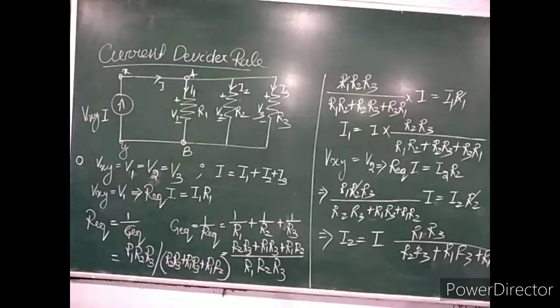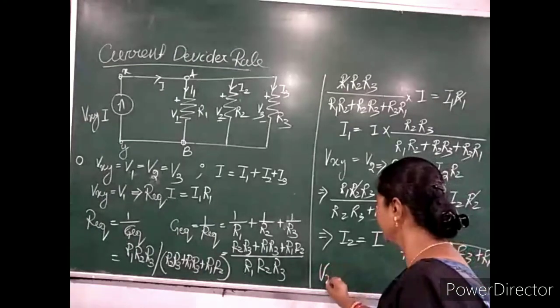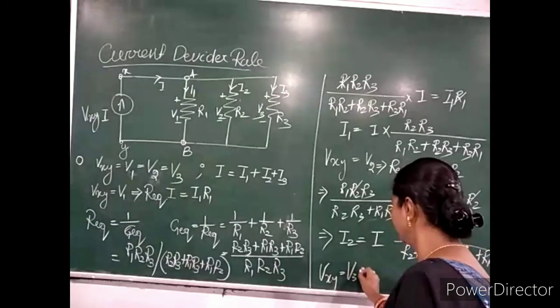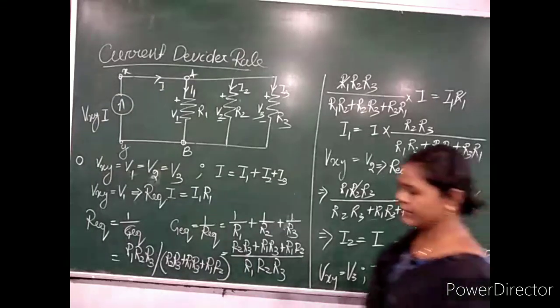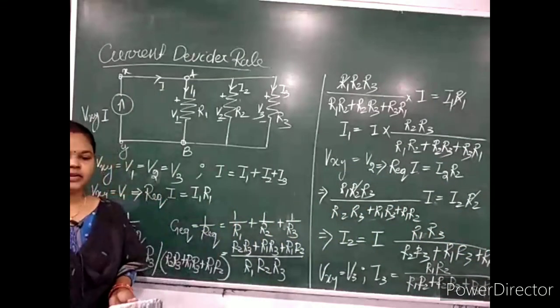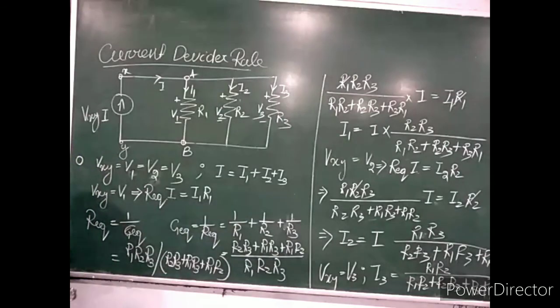Similarly, if you equate Vxy with V3, you get I3 in this manner. You can calculate current through any branches if resistors are connected in parallel by using the current divider rule.